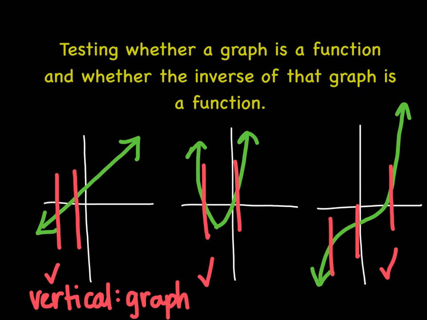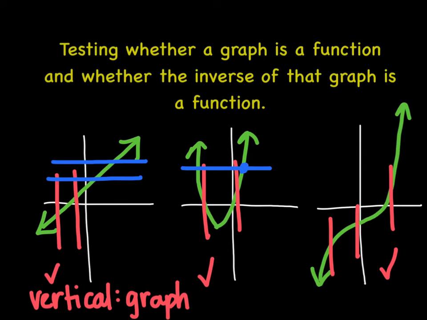Right from this diagram, I can know whether the inverse of this graph is a function. And I do that by doing the horizontal line test. Doesn't hit twice, so the inverse of this graph is a function.